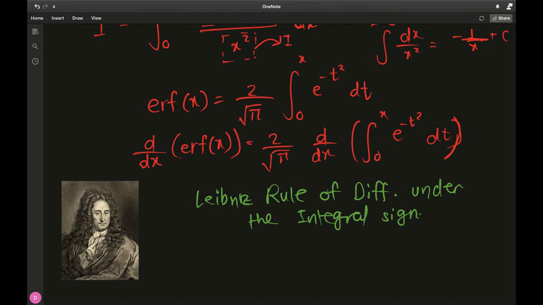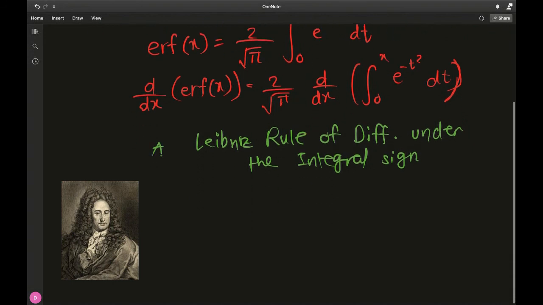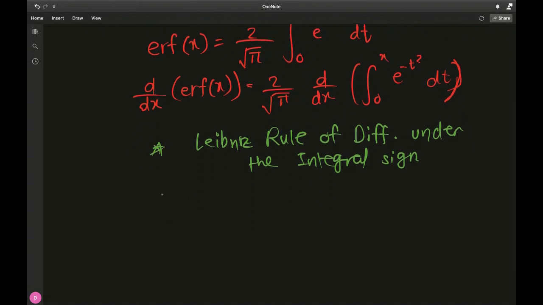So a general statement of this rule says if you have the derivative, say d over dx of some integral which has lower bound, say f of x, upper bound g of x, and some arbitrary function, call that capital H of x and t, dt.